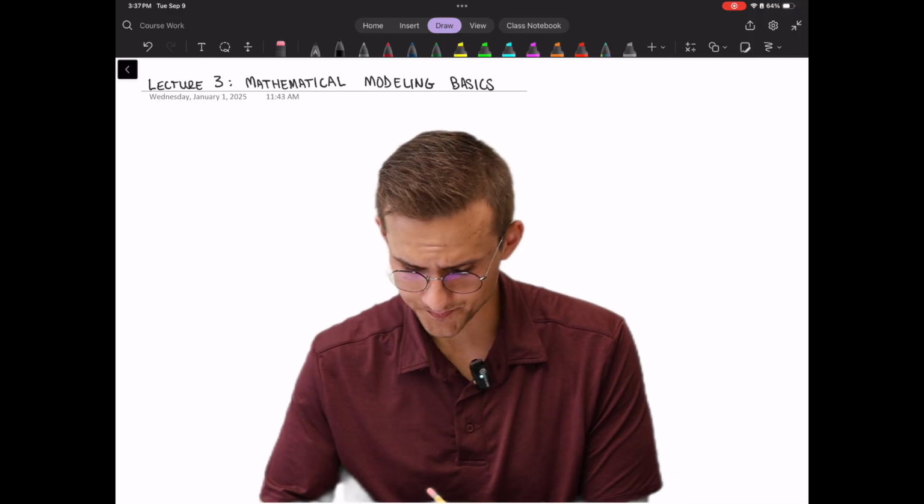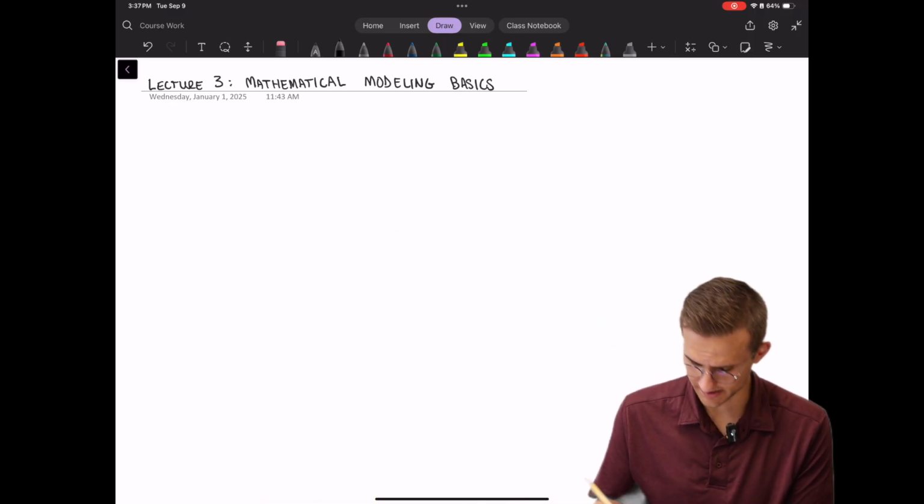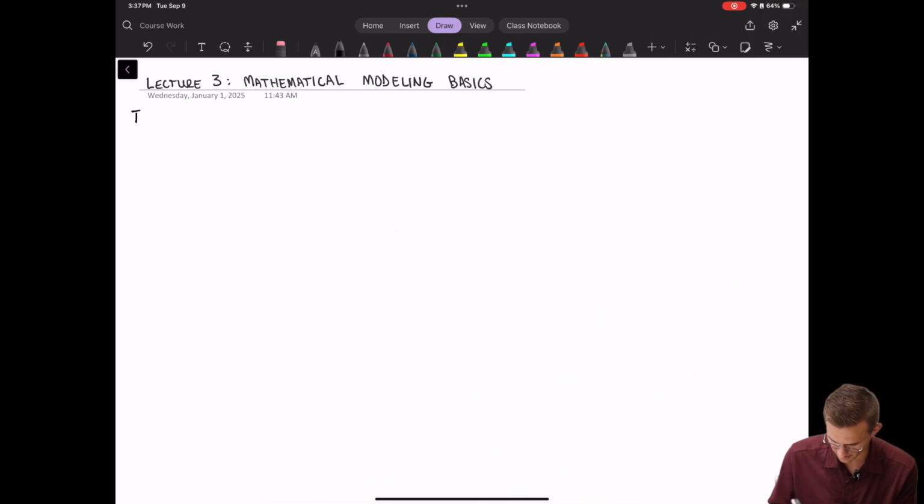But for now, to get started, like I promised at the end of the last lecture, before we start solving some differential equations and setting up some mathematical models, let's go through the taxonomy of differential equations, right?